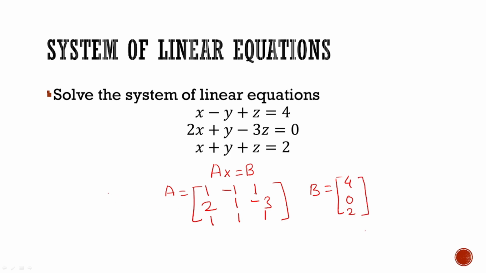Now if this matrix A is invertible, that is, if the determinant of this is not equal to 0, so A inverse exists. Therefore x can be solved by using this formula, that means A inverse into b.